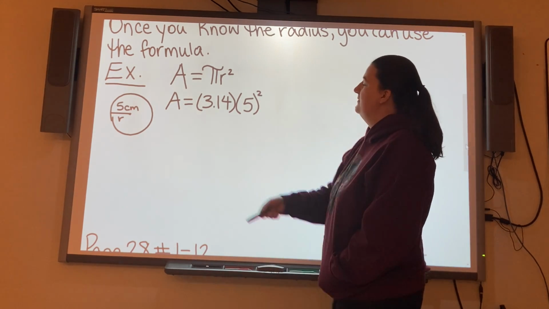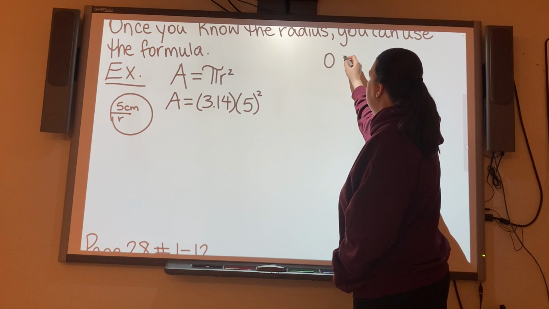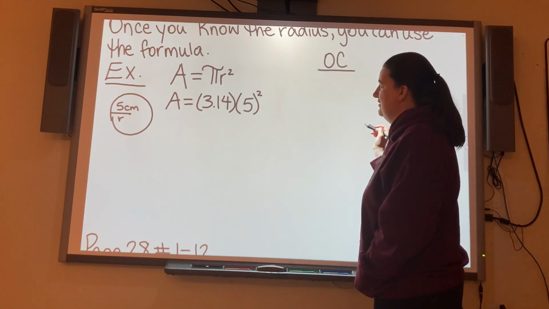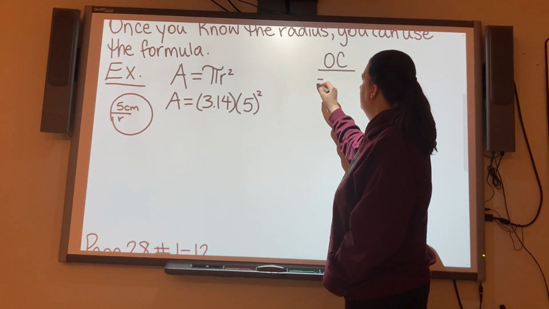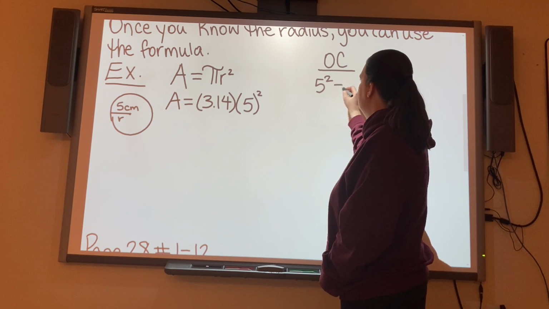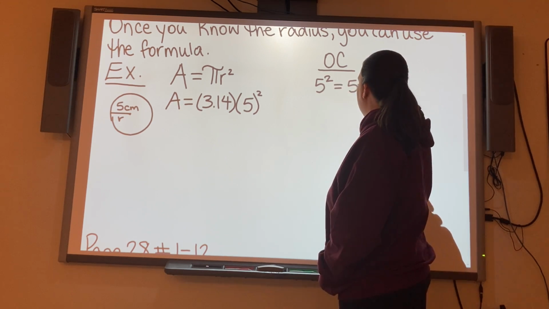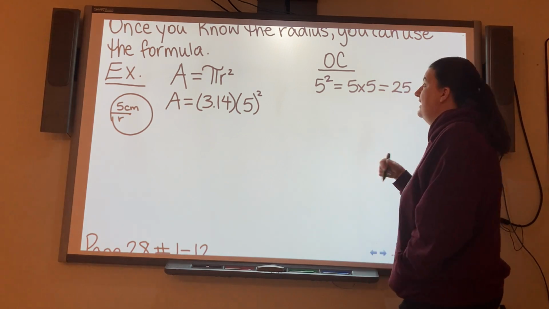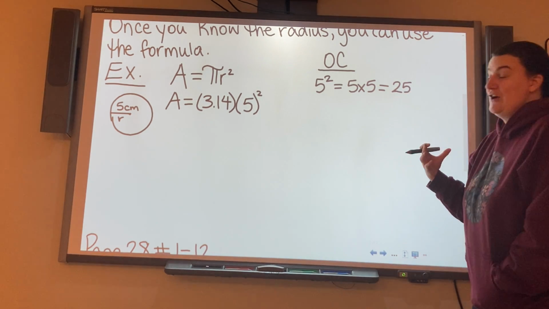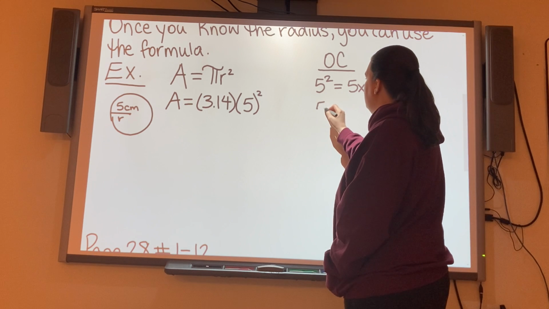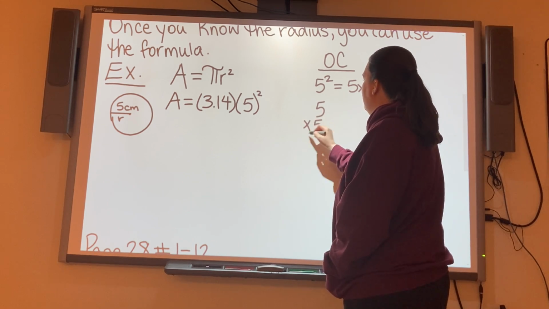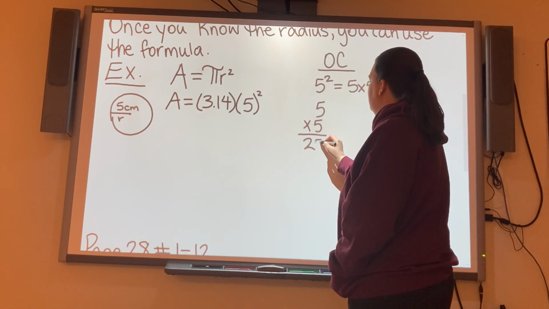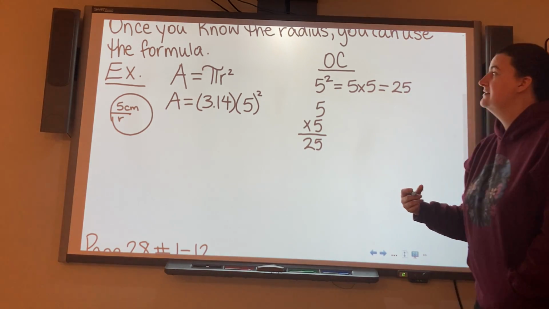Now I have to do my exponent first. So outside calculation, 5 to the 2 means 5 times 5, which is 25. Now, if we are working with larger numbers, then you're going to need to do a proper outside calculation to find out what that is.